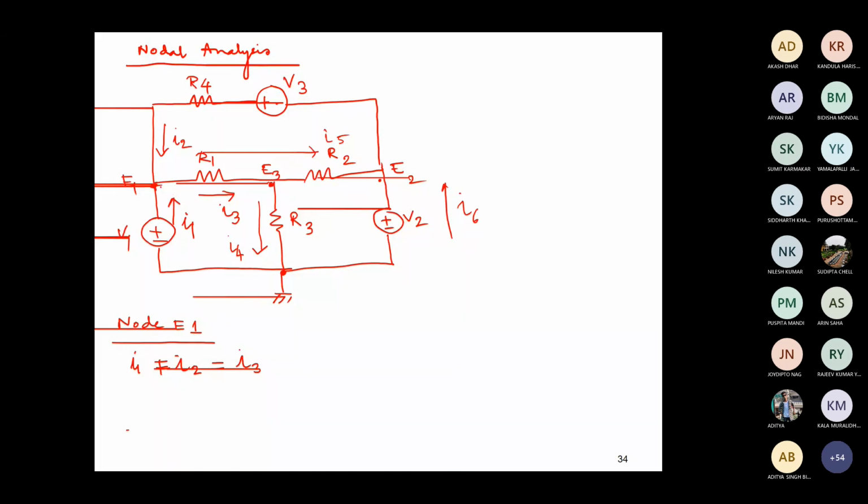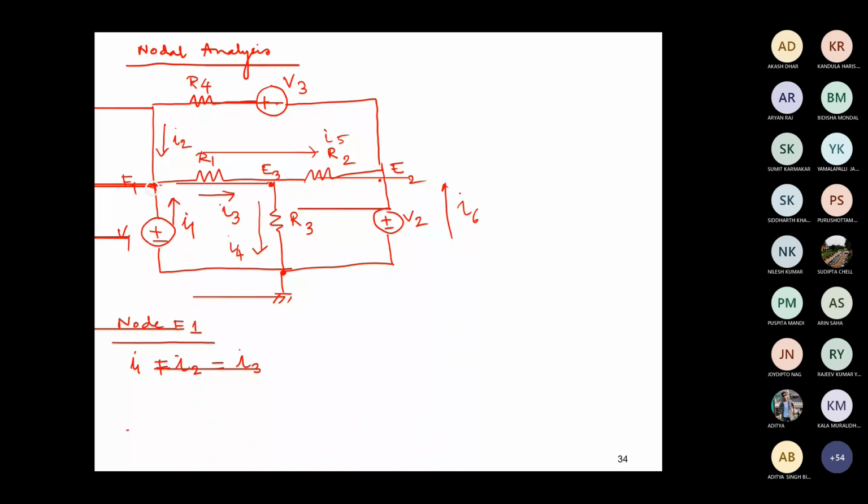There is no resistor between V1 and E1. So E1 is basically V1. Can you follow it? Between E1 and V1 there is no resistor, that means there should not be any drop. If you short some point, then it is in the same potential, isn't it? So between E1 and V1 there is no resistance, so we can take it as V1.